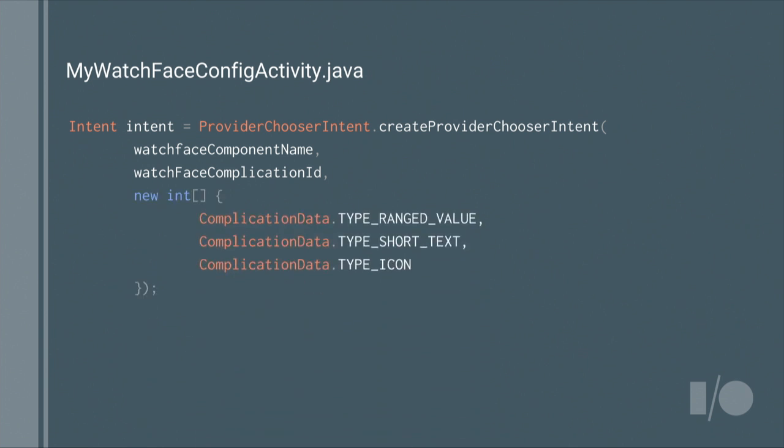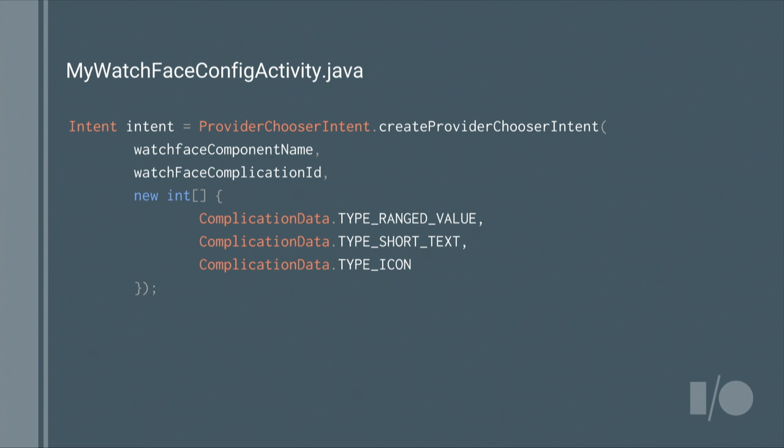You then pass in the types supported by that complication. In this list, the order does matter. You list them in order of preference, with the most preferred coming first. In this example, we've put ranged value at the top. That's because that type conveys the most information to the user, so that's often a good choice, and a good way to think about this.